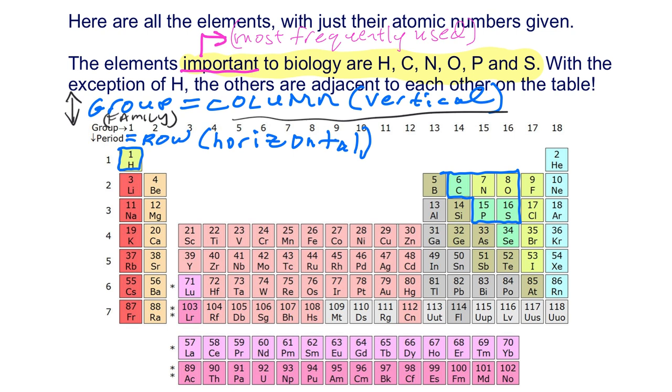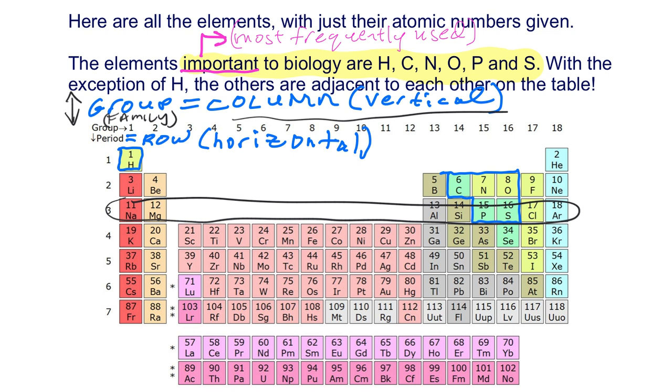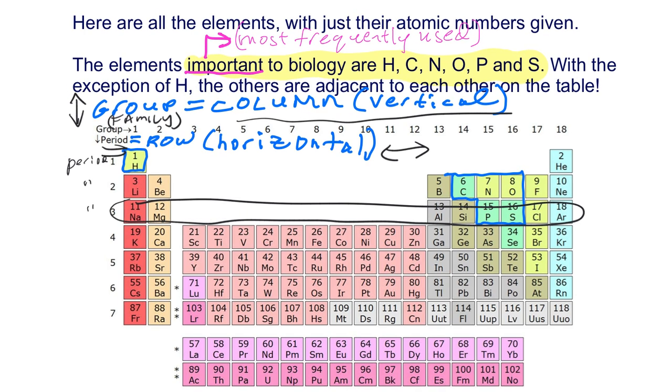The horizontal groups of elements, like right here, are called periods. So these are the period numbers here. So period 1, period 2, period 3, whereas these are the families. Family 1, right here, these numbers.